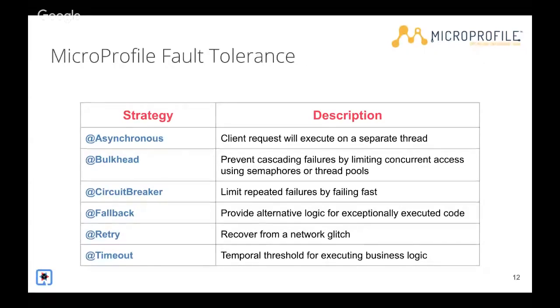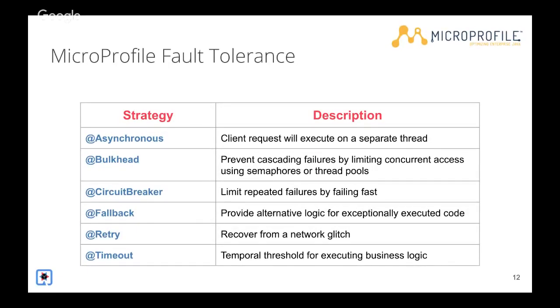Circuit breaking, a lot of you probably understand what that is, but basically lets you fail fast, and it'll occasionally check the remote service to see if it's up, and if it's up, then it will call it, and if it's not, it'll potentially do a fallback. And that's the next annotation. So if you're making a method call and that method happens to fail, you can provide alternative logic with the fallback annotation. I'll be showing that one.